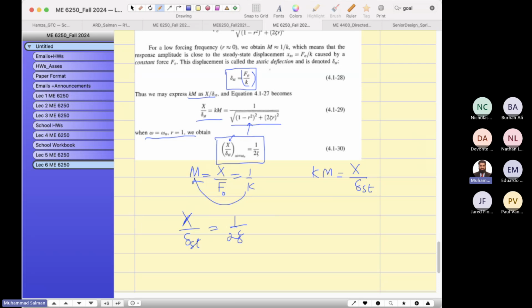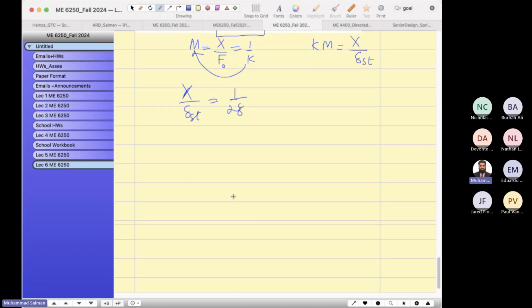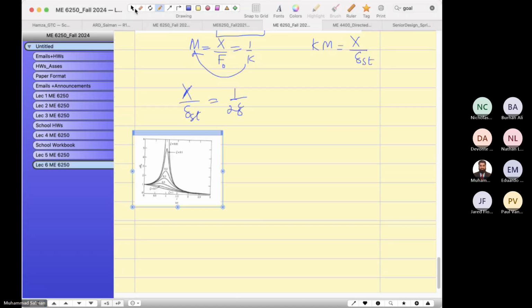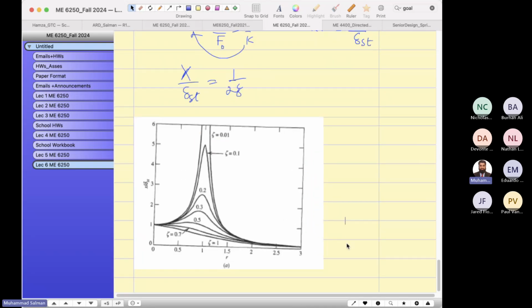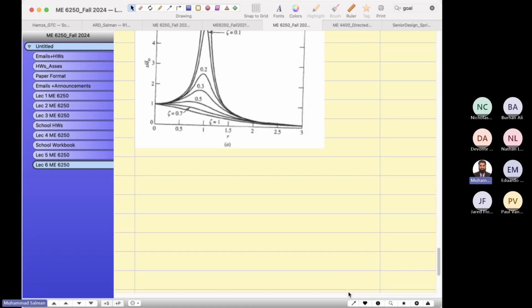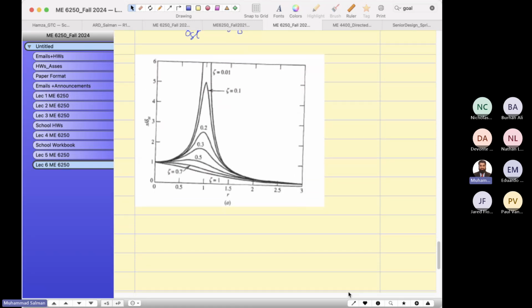I want to show you the plot, how it looks when you find out the magnitude ratio, and you can see at r equals to 1, a large peak here.